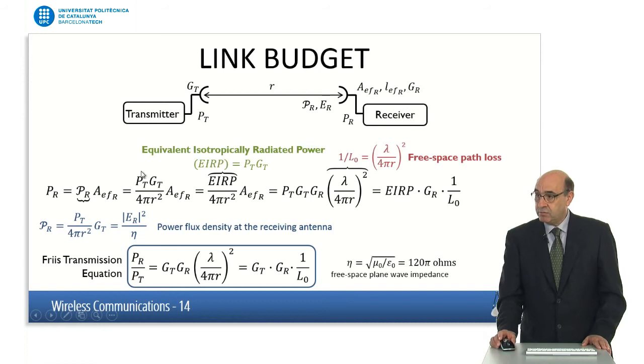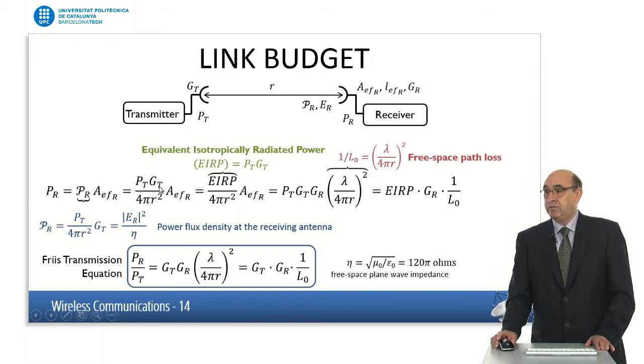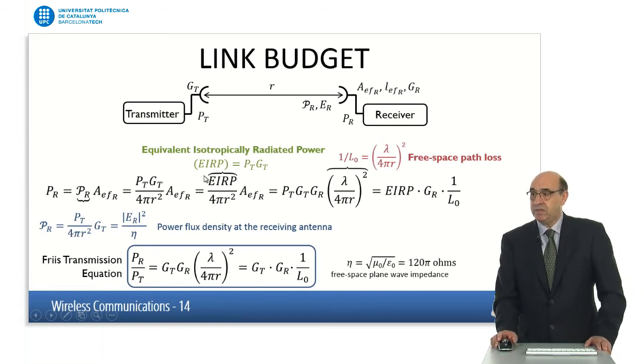This product is interesting because you can have the same value of power flux density with different values of transmitted power and gain. We call this product of those two terms the equivalent isotropically radiated power. That's an important parameter, and it's normally described by the acronym EIRP.